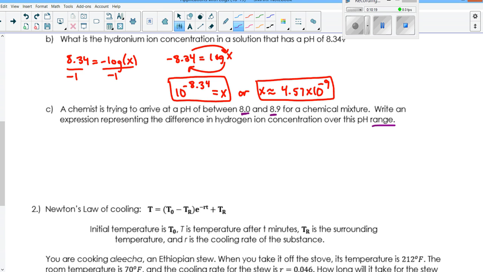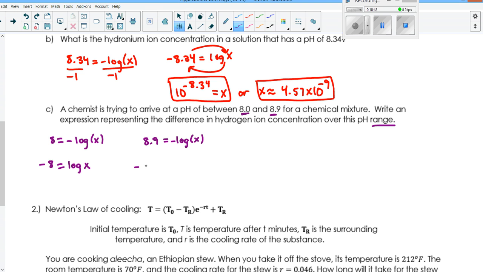We have to know when our pH is 8 and 8.9. So I'm going to say 8 equals negative log of x, and then I'm also going to say 8.9 equals negative log of x. So I'm solving two different equations. I want to know what it's going to be between. Divide by negative, so negative 8 equals log of x.